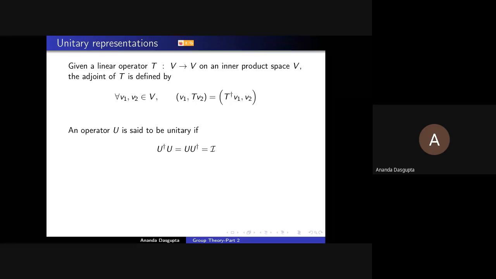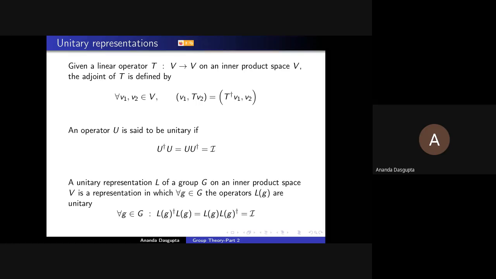You say a particular representation of a group is unitary if every one of the linear operators representing the group elements happens to be unitary. So if all the LGs are unitary, that is, LG dagger LG is identity for every one of the LGs, then you say that you have a unitary representation.